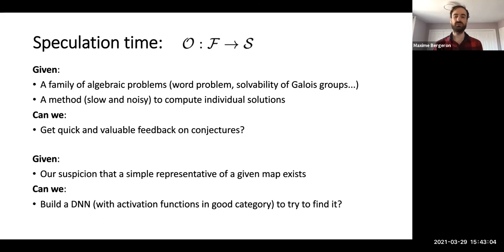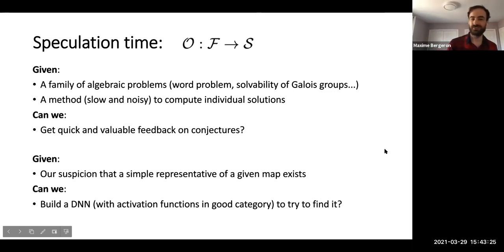I could try to build some neural nets where I bake in some polynomial nonlinearities instead of non-polynomial ones, so that I stay within the category I care about, and then start from certain architectures and do some kind of gradient descent to see if the representations I believe exist actually exist. So this is speculation number 2.